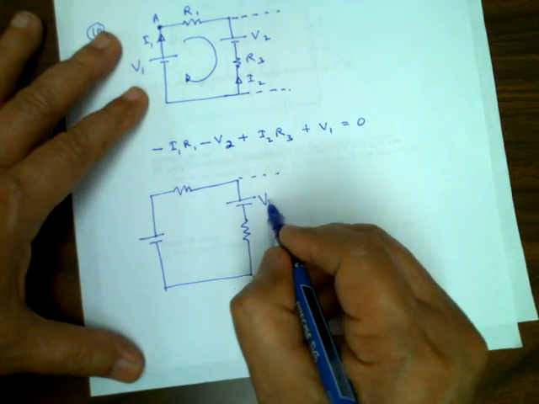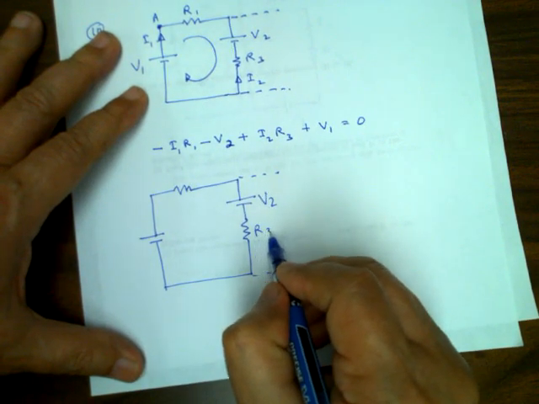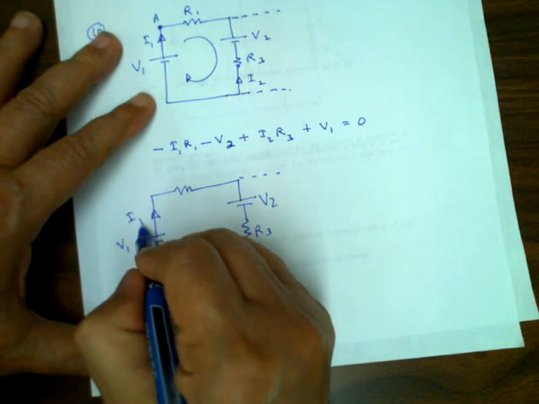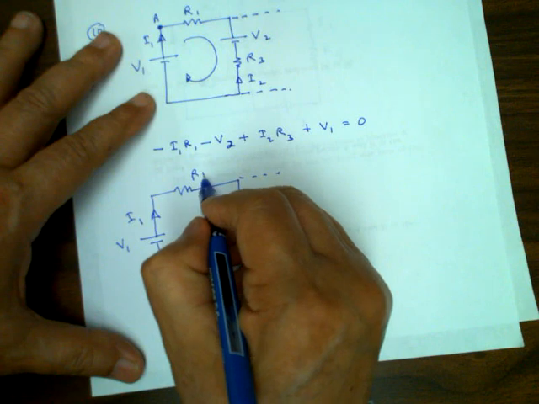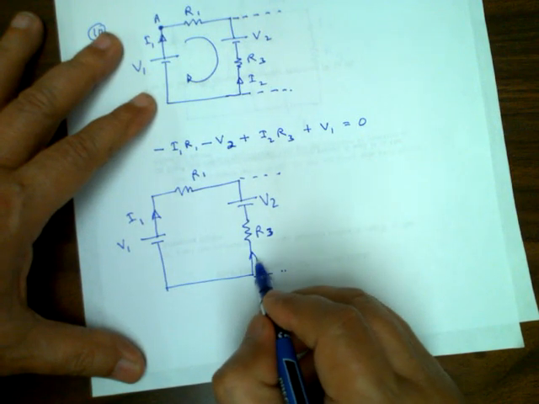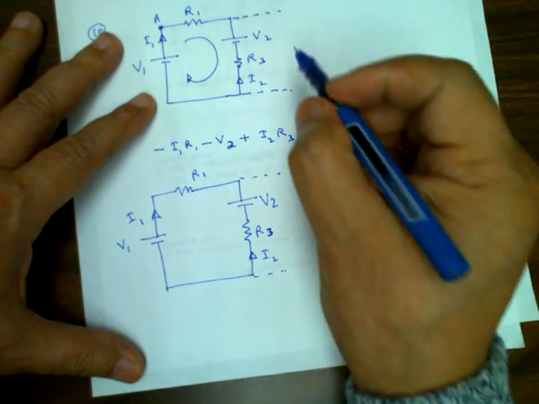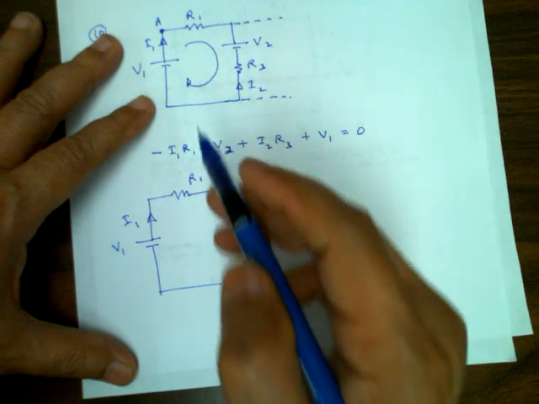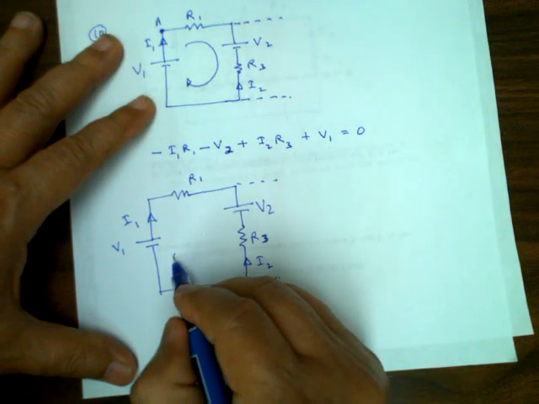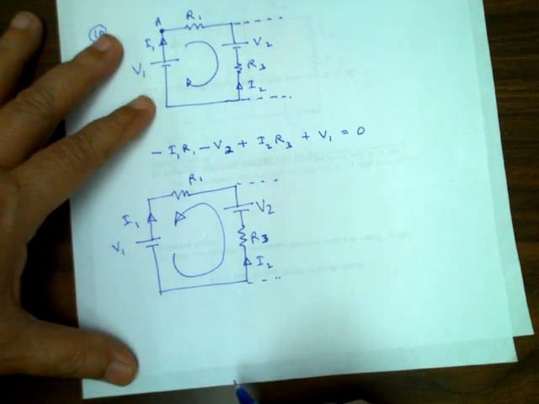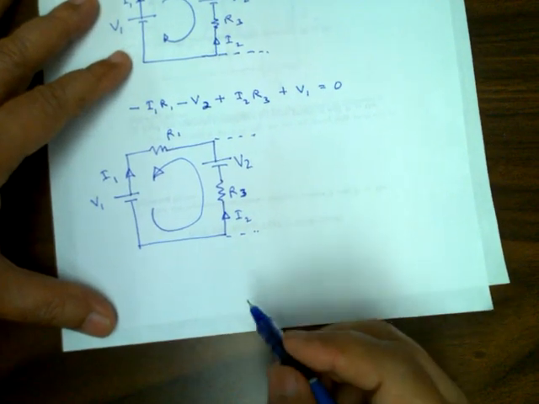And this is V2, R3, this is V1. This is I1 going up, R1, and this is R3, and so I2 is going up. So instead of walking clockwise, let me walk counterclockwise like that. In that case, how would you write this equation?